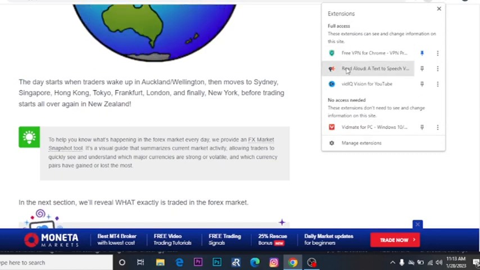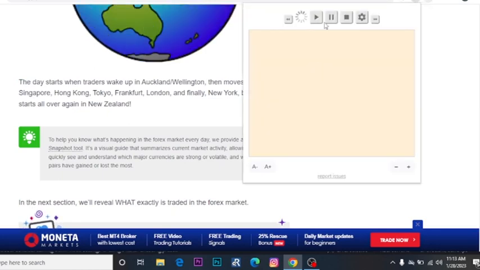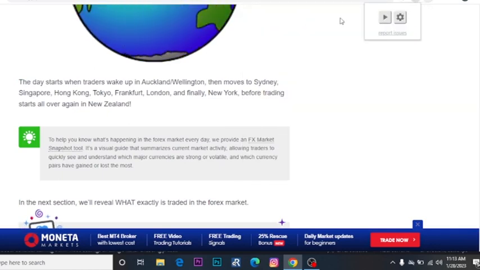To help you know what's happening in the Forex market every day, they are trying to tell you that the day starts from Auckland, Wellington, and then to Sydney, Singapore, Hong Kong, Tokyo, Frankfurt.